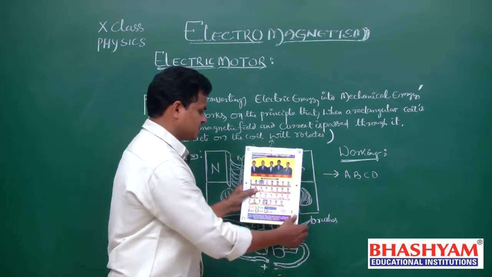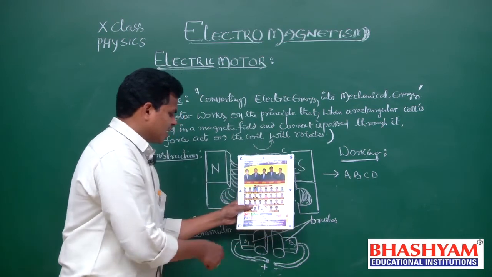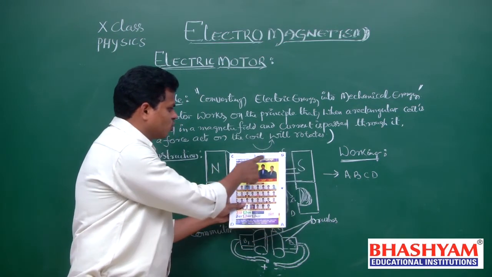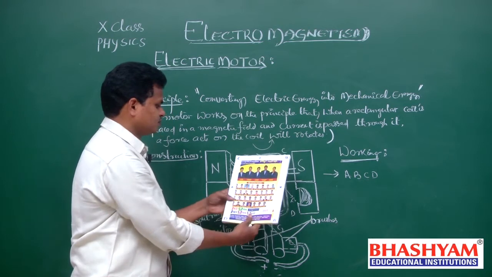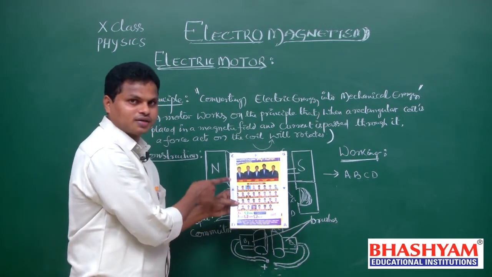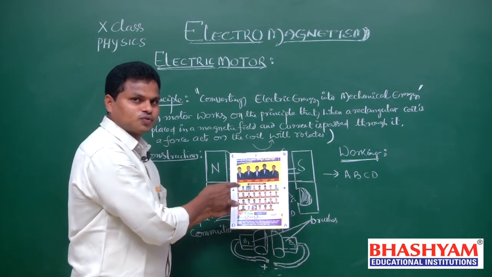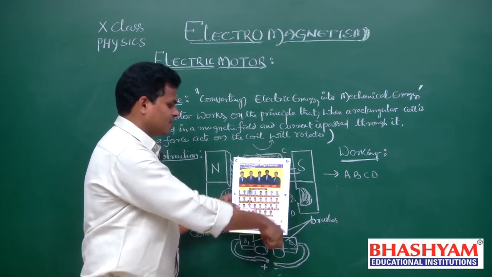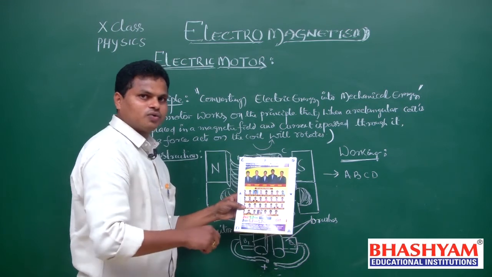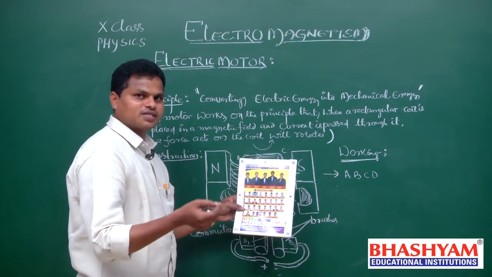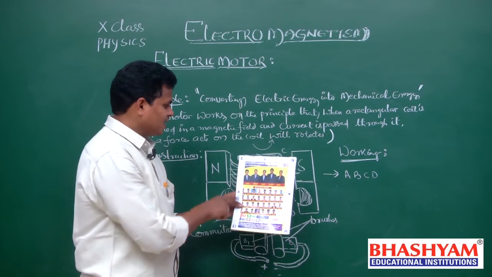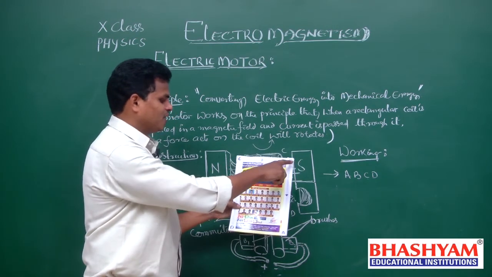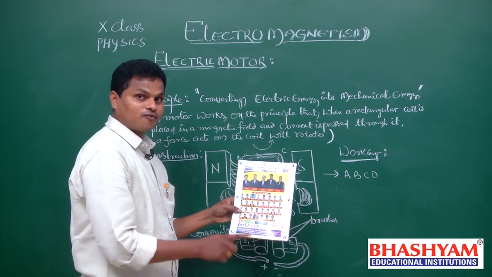Now see, here current passes D to C, C to B and B to A. Again the force acts on it. What is the force acting on DC and BA? According to the right hand rule, you can find the direction of magnetic force acting on the DC arm and BA arm after rotation.